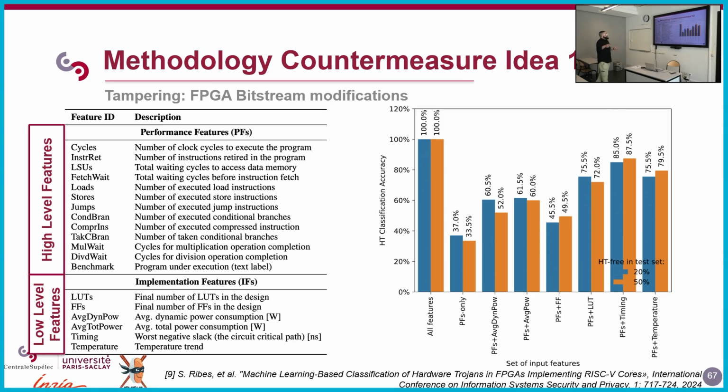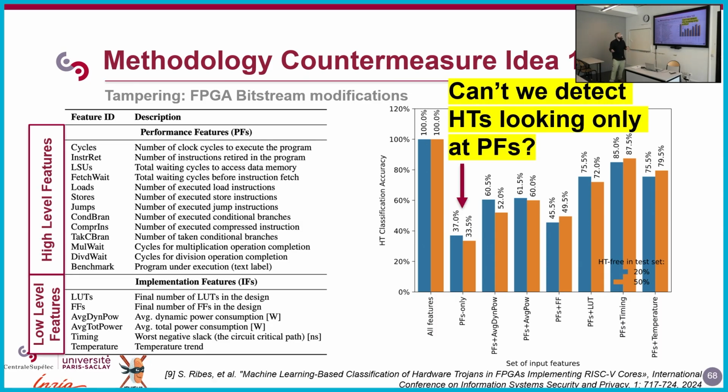If we consider just the performance counters, or just the performance counters and flip-flops, we have different detection rates. The question is, can't we detect hardware Trojans just by looking at software features, which seem to be very far from the hardware?